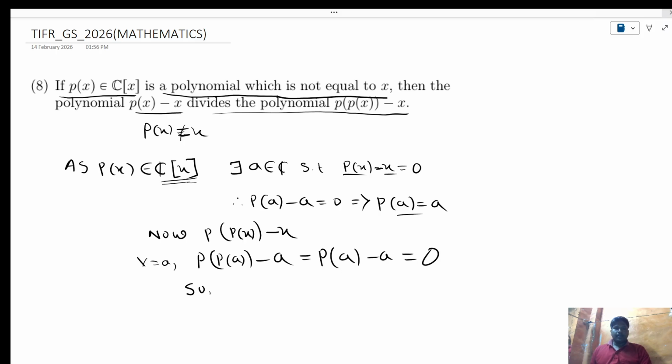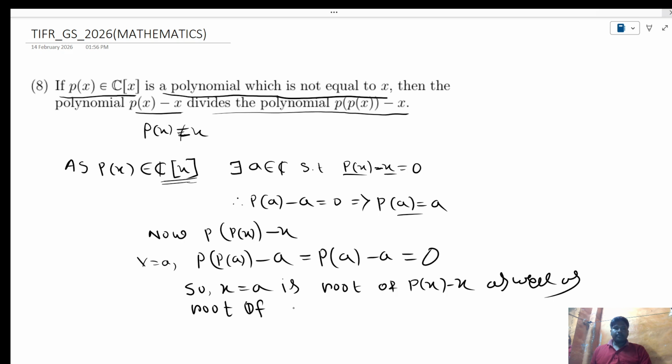So x equals a is a root of p(x) minus x as well as a root of p(p(x)) minus x. So therefore, that is done.